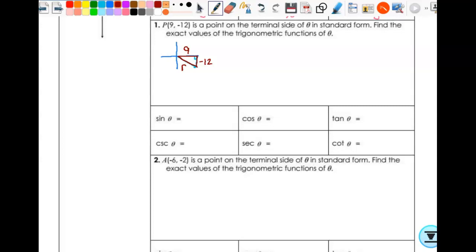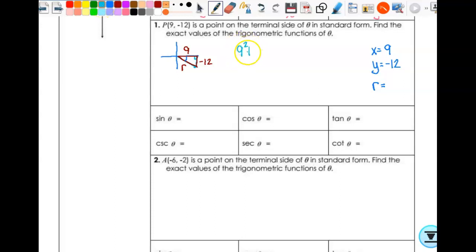All right, so I know here that my x value is 9, my y value is a negative 12. Your radius will always be positive because it's a length, okay, not an x or a y value there. So we need to find r. Once we have all 3 of these, we can set up all of these little proportions. So I need to find r, and again, I can do that with Pythagorean theorem.